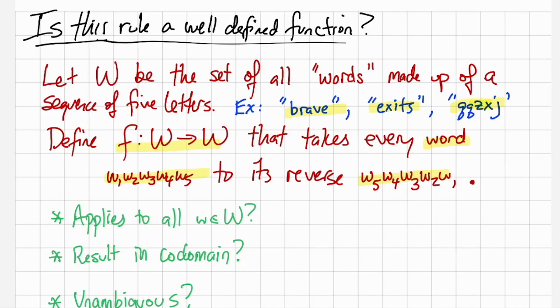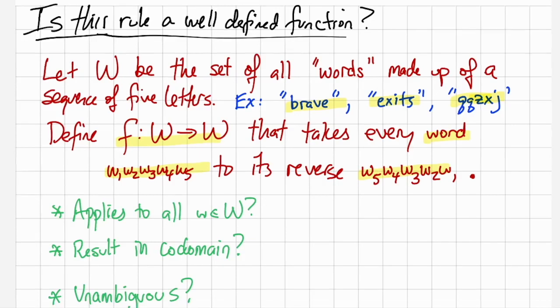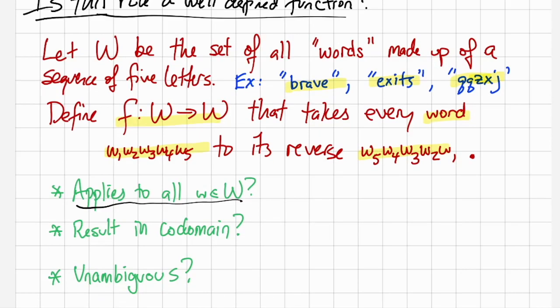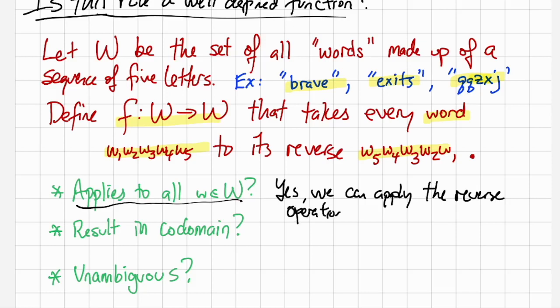Okay, so let's check each of the properties. Does this rule apply to all words? Given a word, it's possible to turn it around. Sure. Yes. We can apply the reverse operation to any word.